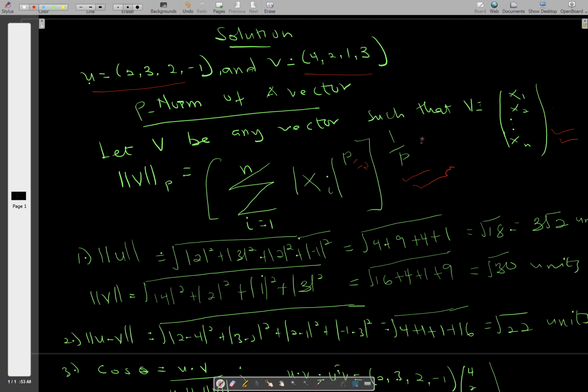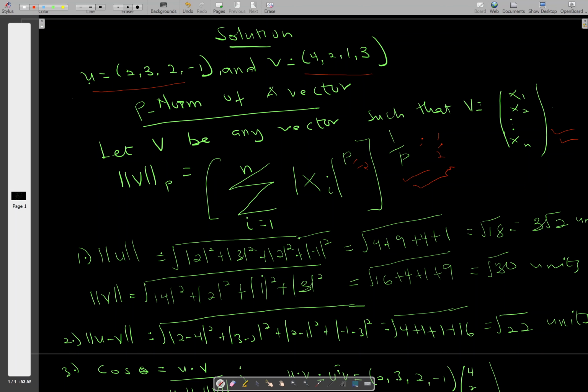So you have 1 over 2, and it will be the absolute of x1 squared plus the absolute of x2 squared plus the absolute of x3 squared up to the absolute of xn squared, all to the power half. That's the L2 norm, the same as the Euclidean norm.